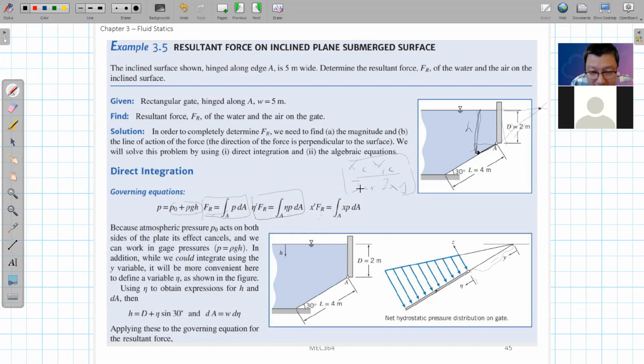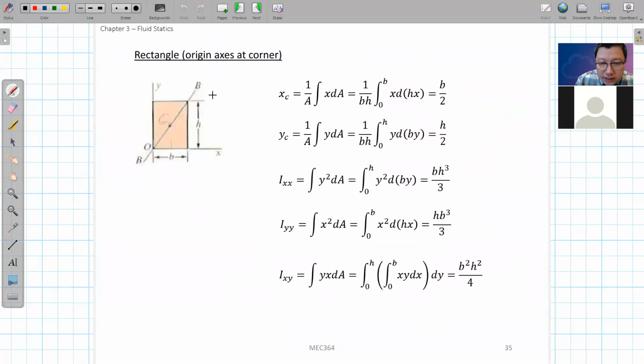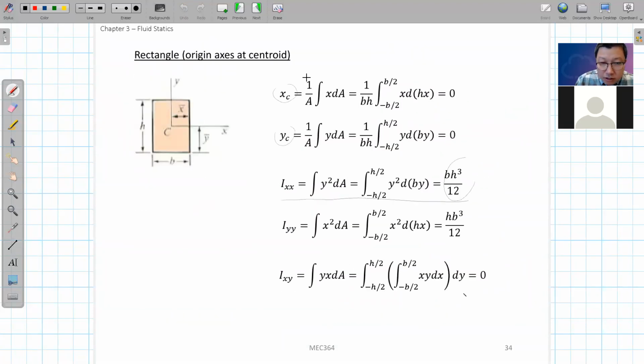Okay, and there is also a second method, which I want to use these xc, yc, Ix, Ixy values. Why? Because we know that this is a rectangular plate, and for this rectangular plate, I already know all these values are given, right?